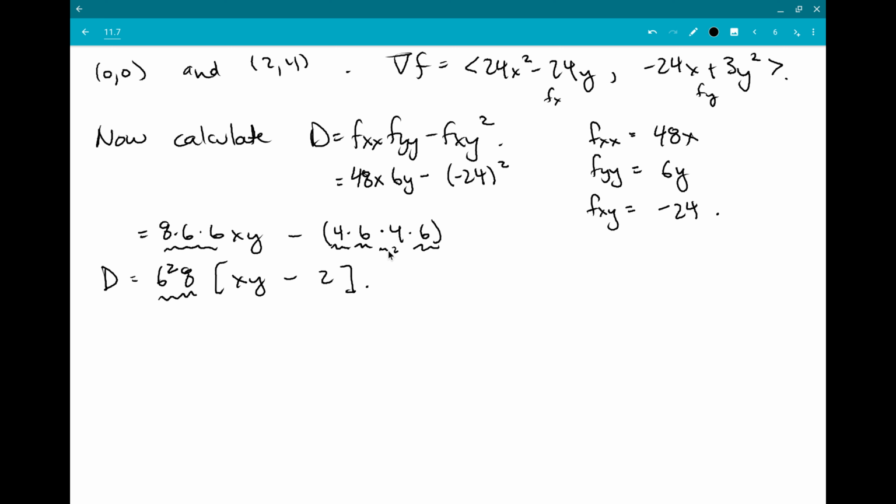I don't know what that number is, but I don't care. And next up, what I need to do is I need to use this to classify my points 0, 0, and 2, 4. But now we see that there's an x and a y in here, so I'm not just going to get any number D. I need to actually calculate the specific number D for each point. So at 0, 0, I'm going to get D is equal to 6 squared times 8 times 0 minus 2.